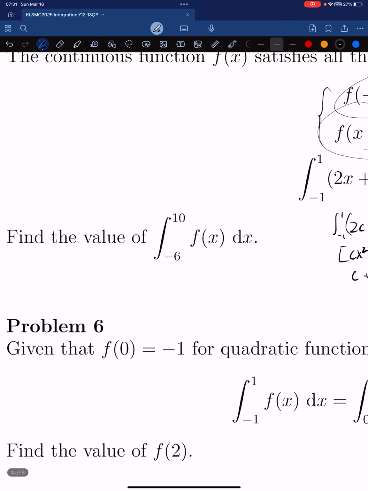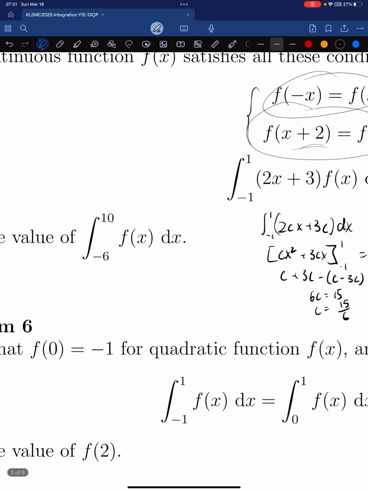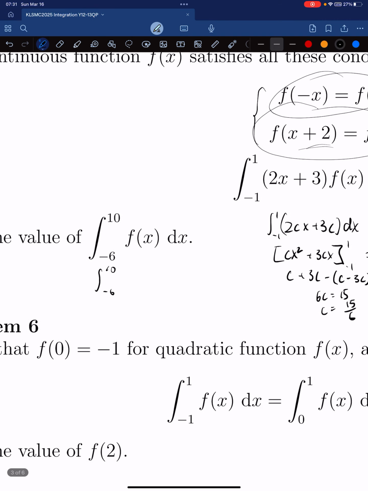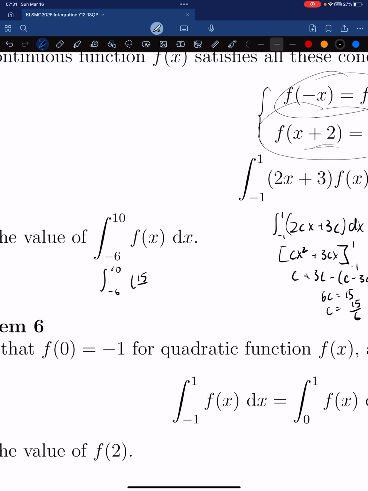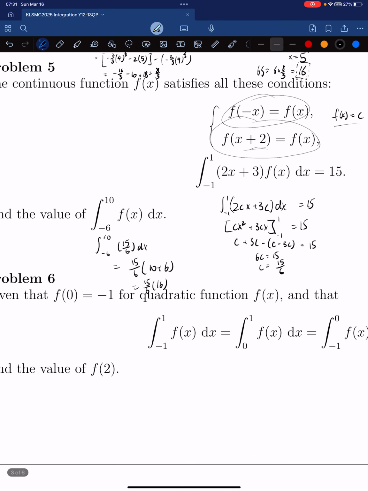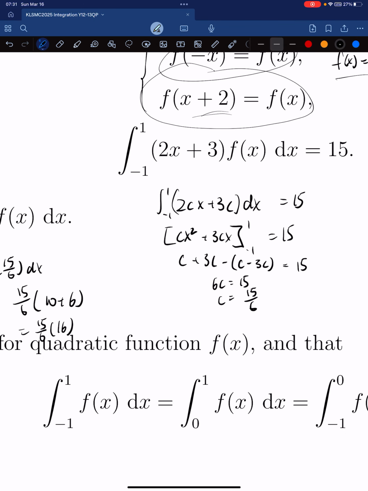The integration from -6 to 10, so we're essentially just finding 15 over 6 times 10 plus 6, which equals 15 over 6 times 16. Wait, hold on.